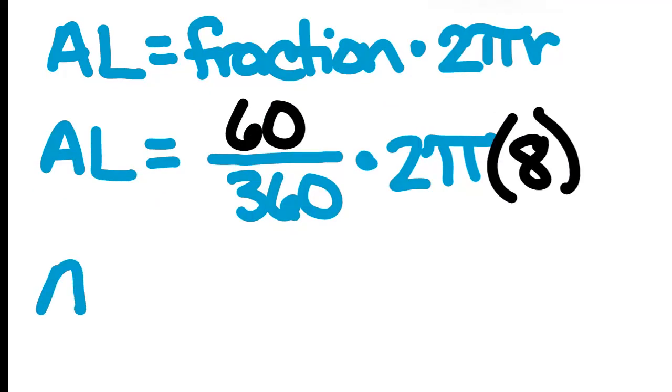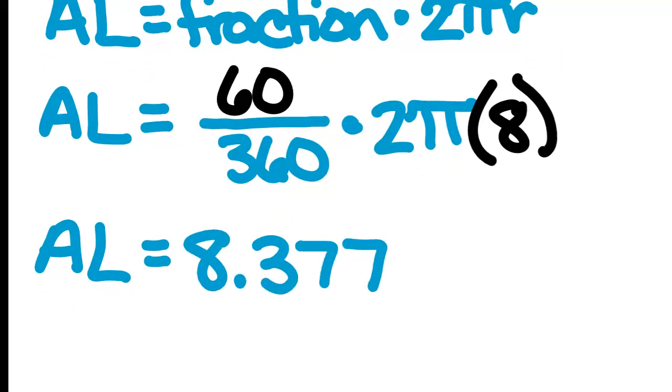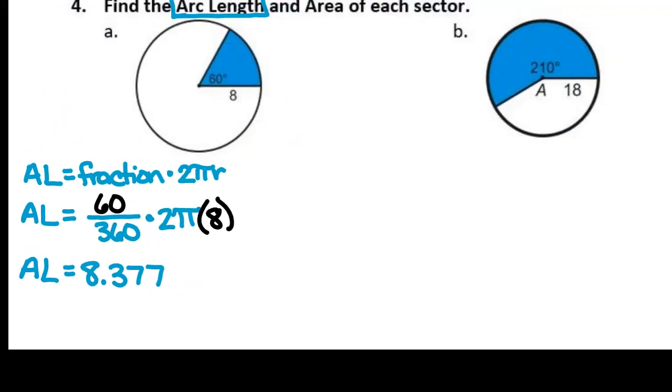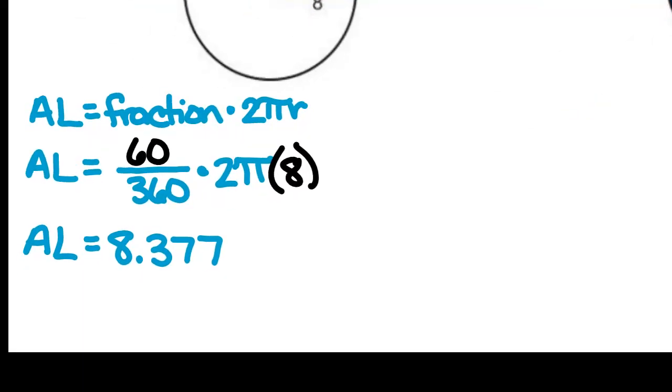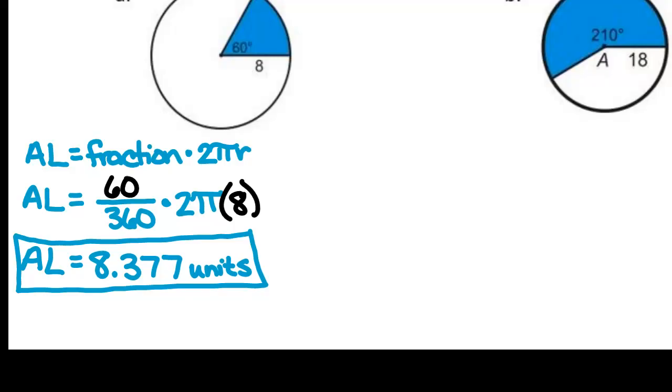What do we get? 8.377 is what we get for the arc length. Do we need to put units with that? Nope, they didn't give us any units. So you could write down units, or you could just leave it as 8.377. All right, so there's the arc length.